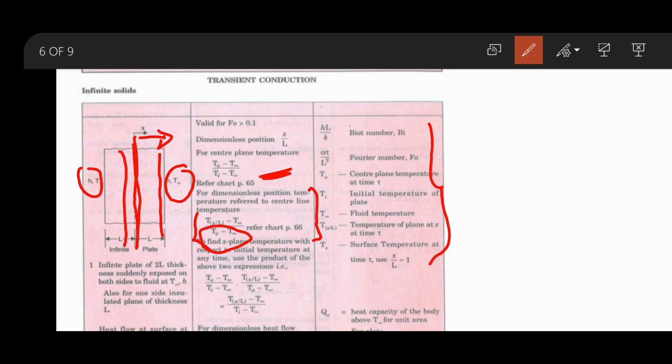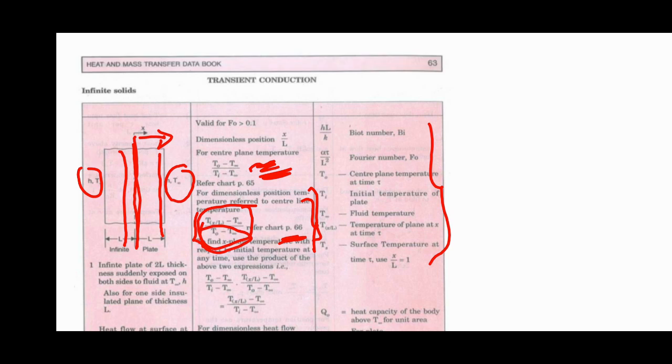So to find the temperature at any other position, we need to know the center plane temperature. First we find the center plane temperature using the first relation, and then we use the second relation to find the temperature at any other distance. The ratio of this temperature is provided in the chart on page number 66.